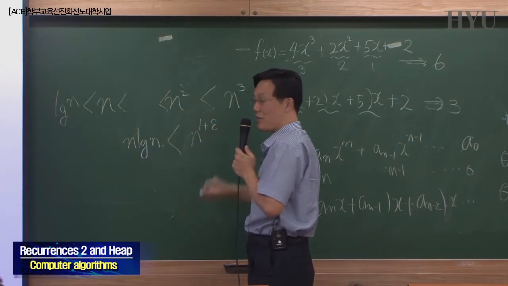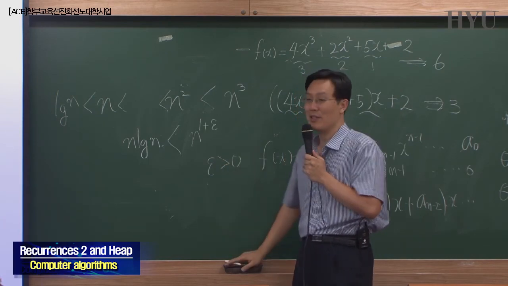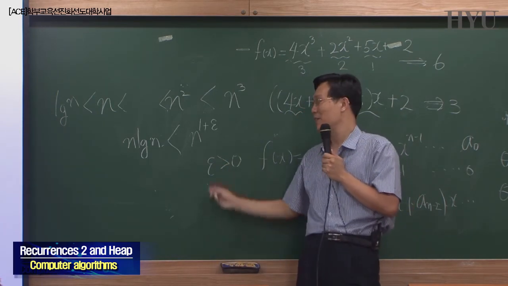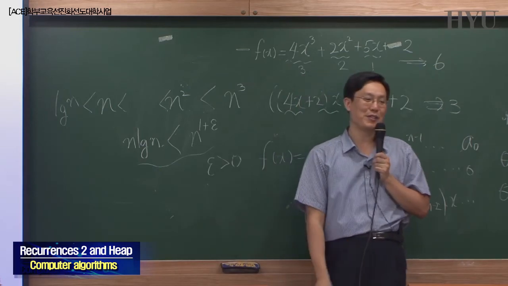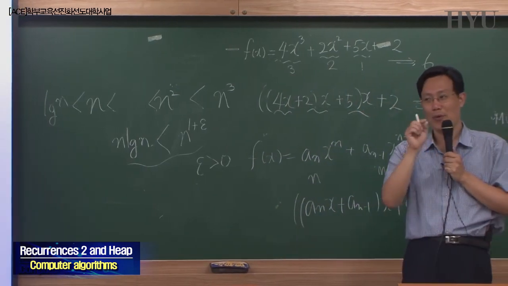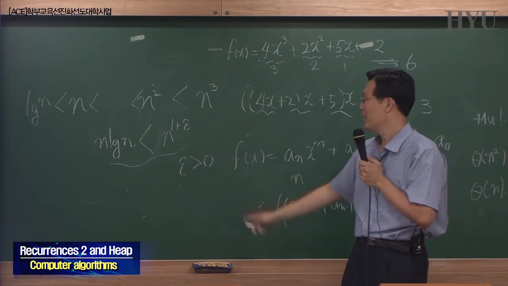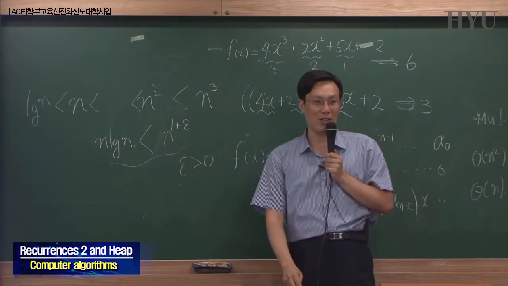There is an interesting result that if epsilon is bigger than 0, this is true, even though the epsilon is very small, 0.000001, still this is bigger than n log n.